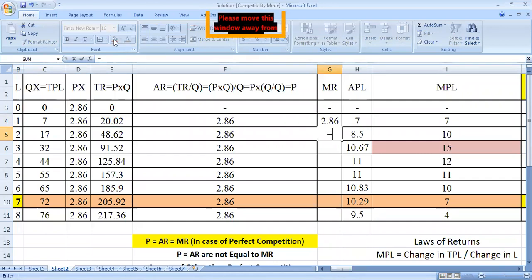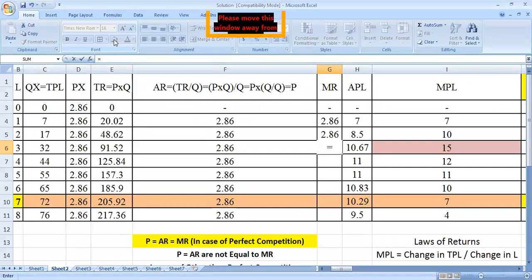Now look at the second cell. At 2 units of labor, the total revenue the firm is earning is 48.62 minus 20.02, divided by 17 minus 7. Look at the answer. It is again 2.86.